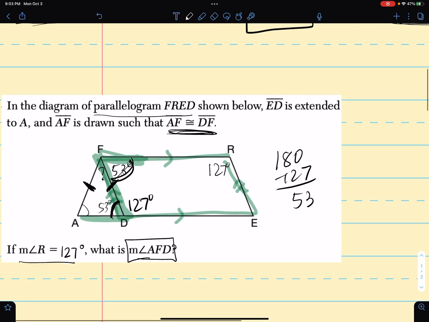And since we have an isosceles triangle, this is also 53 degrees, so 53 plus 53 is 106 degrees, but the whole triangle is supposed to add up to 180, so 180 minus 106 equals 74 degrees. So therefore, the measure of angle AFD is 74 degrees.